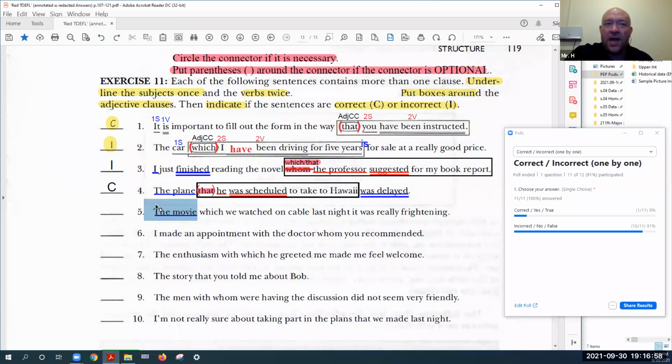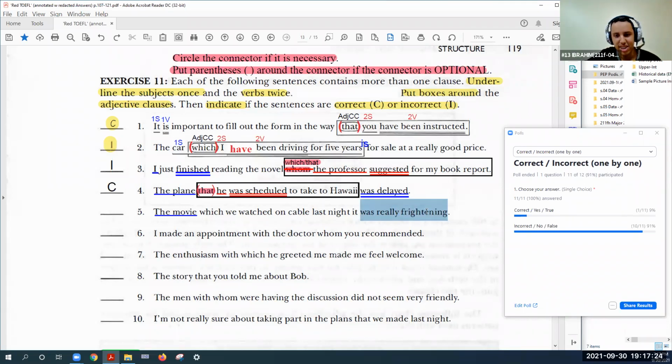Yes. But this subject needs a verb. It needs a verb. Writing? Okay, is this an adjective? Wait a minute. Is this a verb, frightening, or an adjective? An adjective. So you're getting close though.